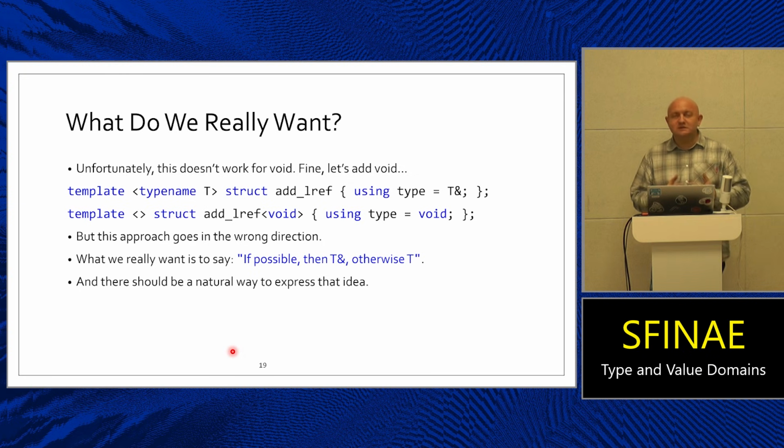To understand what is the right way, we need to ask ourselves, what do we really want? If we are hard-coding every possible CV variant, that's usually a sign we are missing a more general rule. And think, what would be the right way to express that? I claim what we really want is to say: if possible, then T&, otherwise T. And there should be a natural way to express exactly this idea.